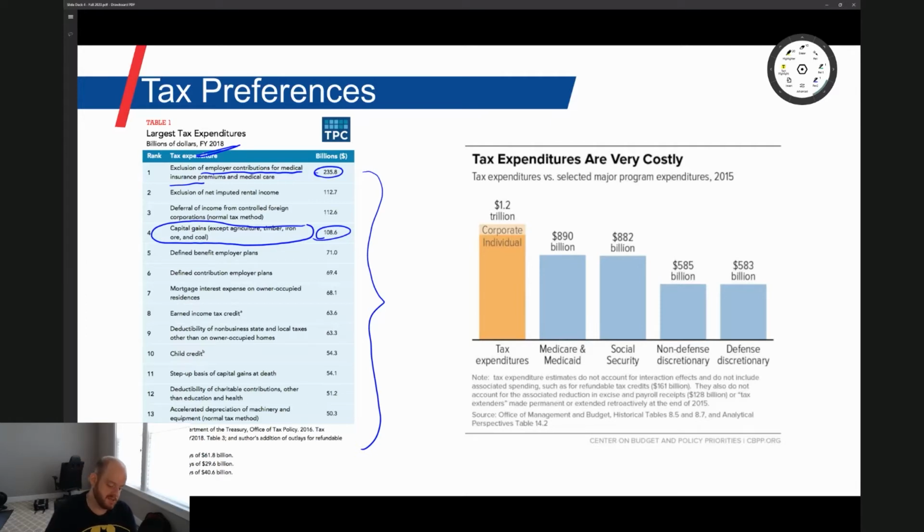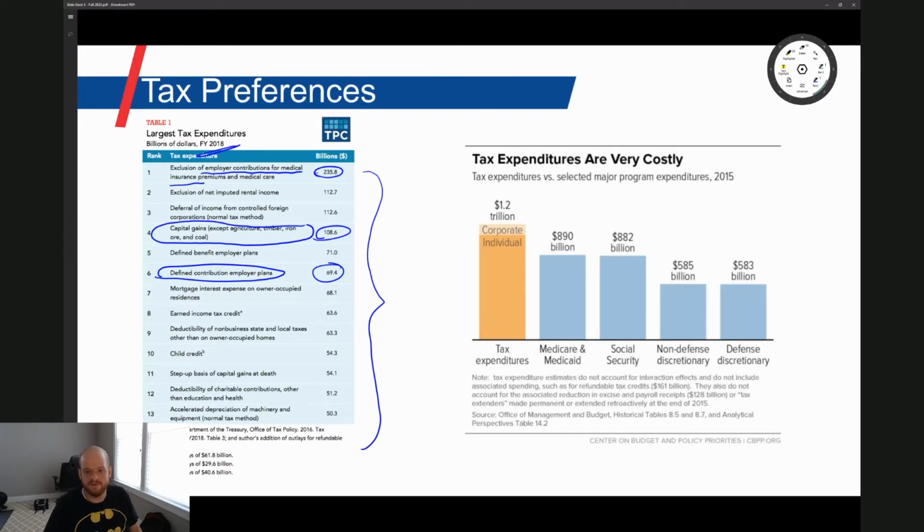So this is essentially lost revenue for that, right? We want employers to contribute to their employees' retirement plans. So there is $69.4 billion of lost revenue that is a tax preference associated with employer retirement plan contributions.